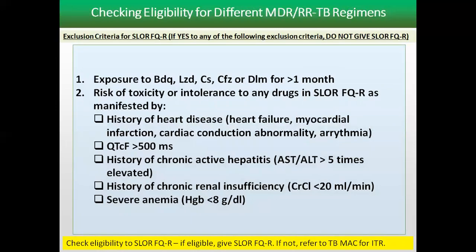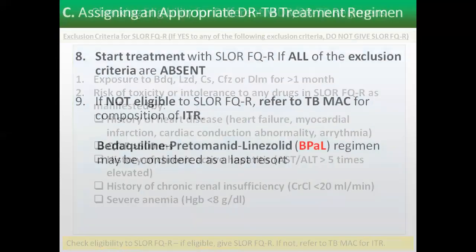So, if the patient has no check here, then we can proceed with a SLOR FQR regimen or regimen 6. If the patient is still not eligible, then we refer the case to TB MAC for the individualized treatment.